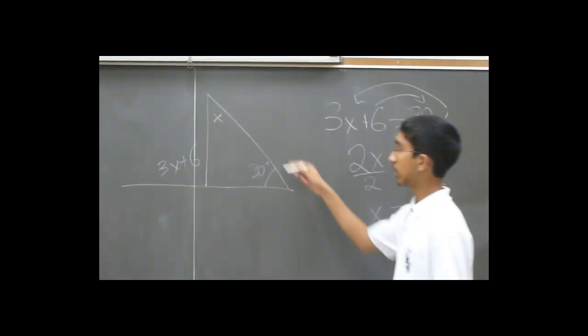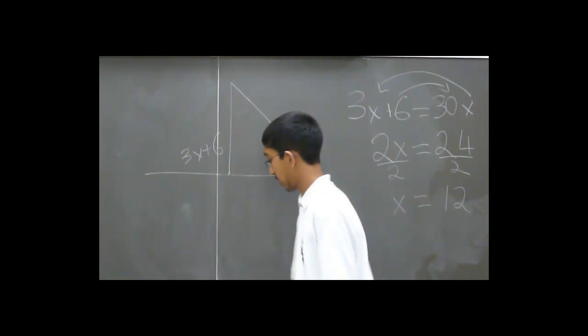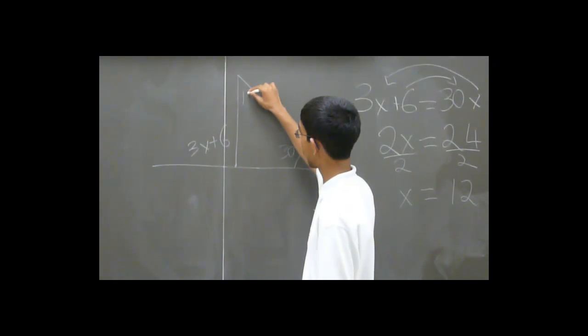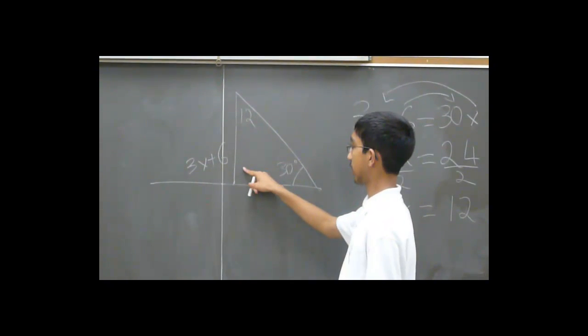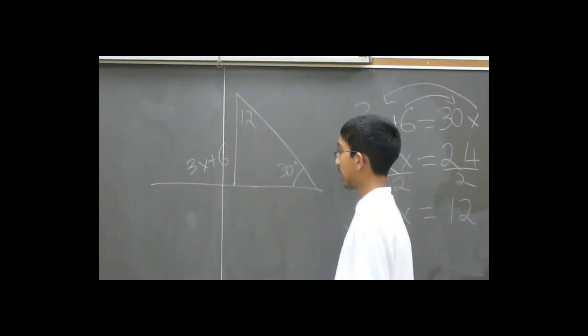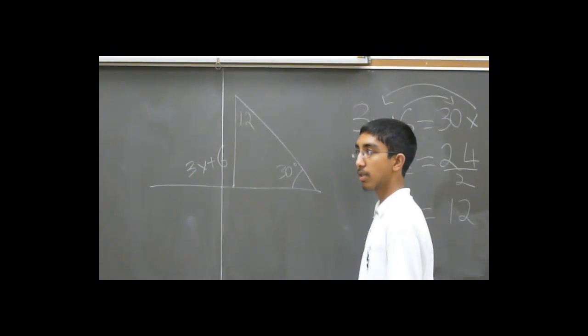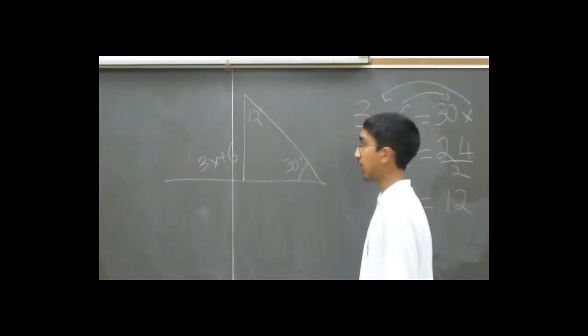So then, you can replace this variable with 12, and you can start solving this side. So 12 plus 30 equals 42. Now to solve this, we must know that all the angles in a triangle equal 180 degrees.